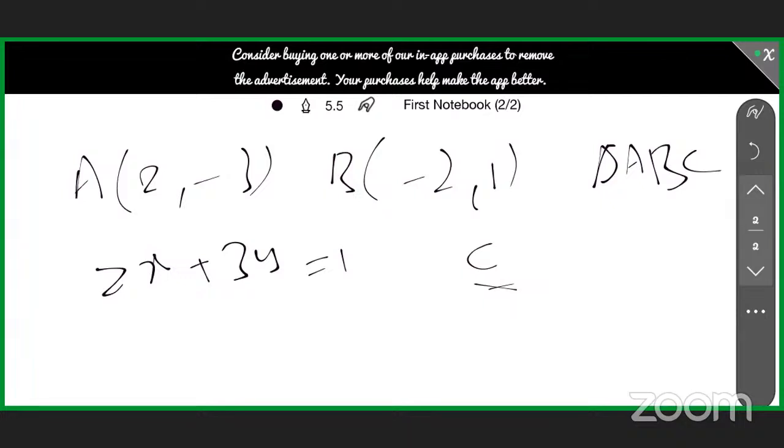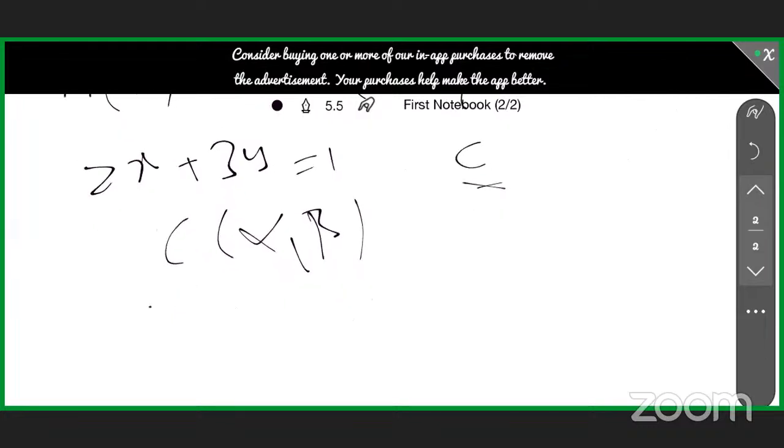That means first we'll take a general point, some alpha comma beta. That C is equal to (alpha, beta), a general point. Now for this one, we have to find the centroid.